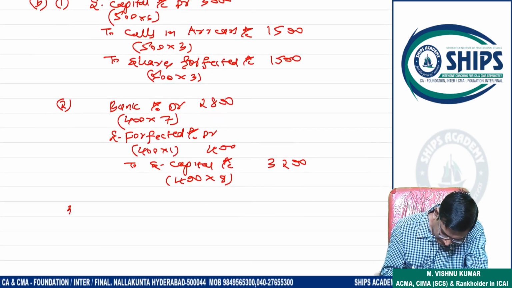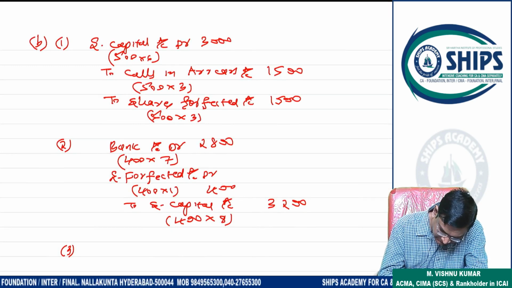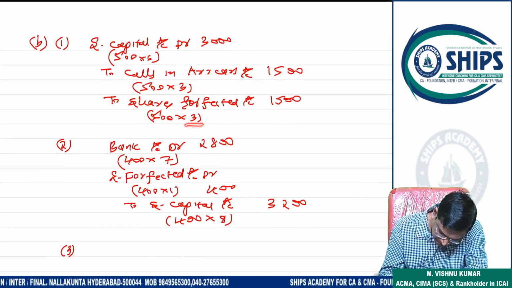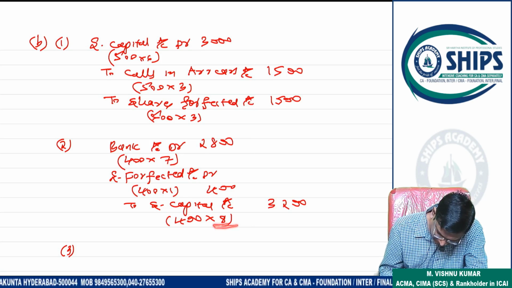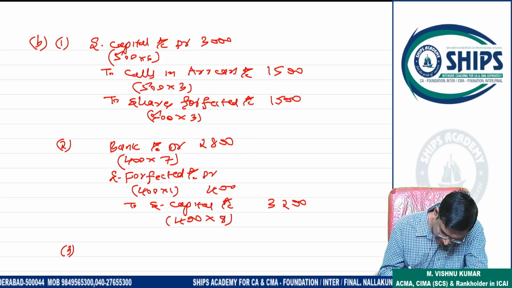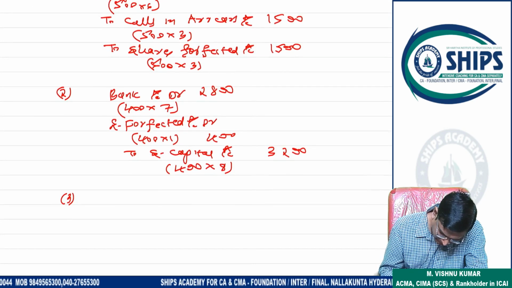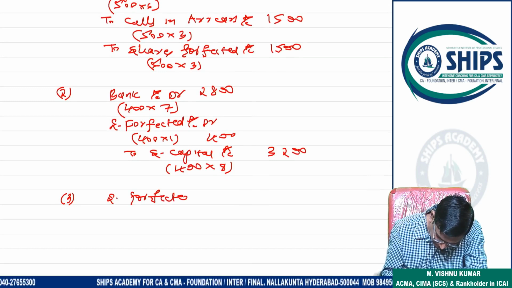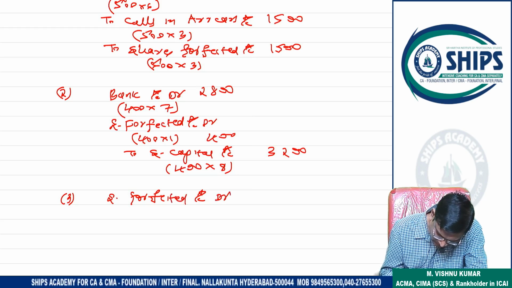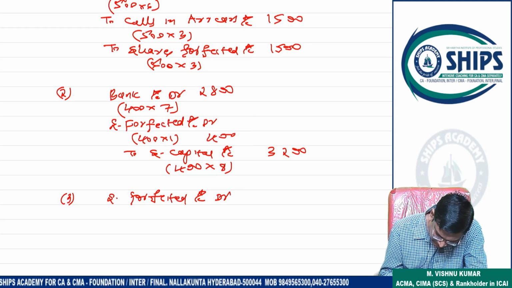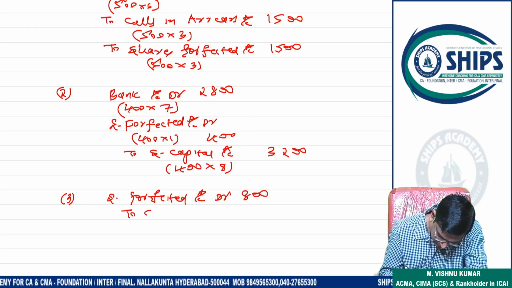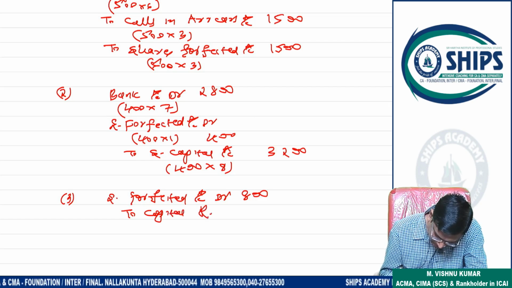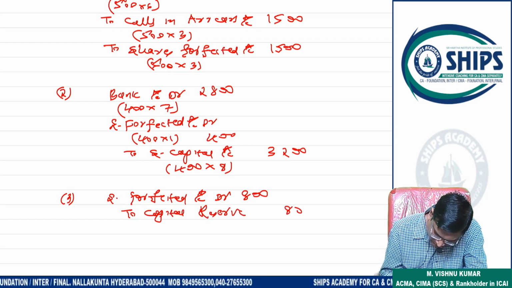3200. Now gain. Before reissue, we received 3. On reissue, we received 7. So total 10. Called up value how much? 8. So 10 minus 8, 2 rupees gain. 2 into 400, 800 rupees gain. So shares forfeited account debit 800 to capital reserve 800.